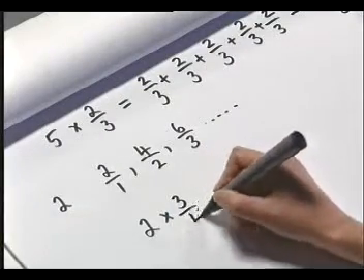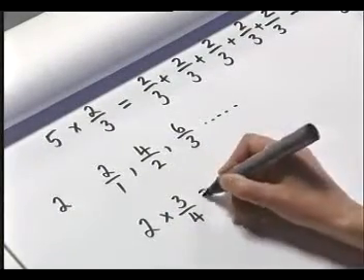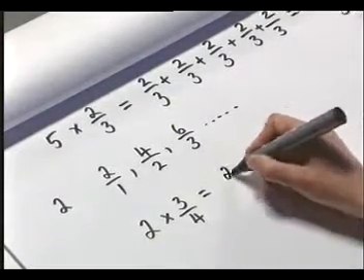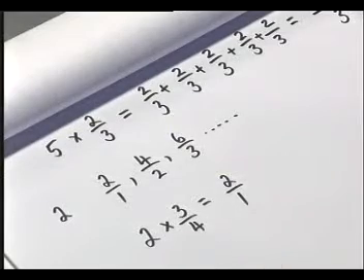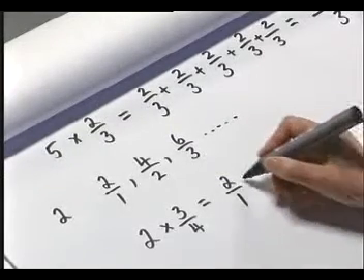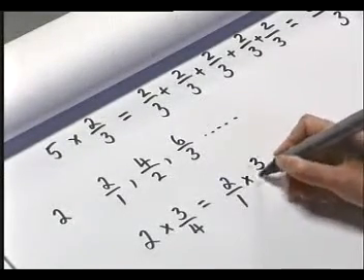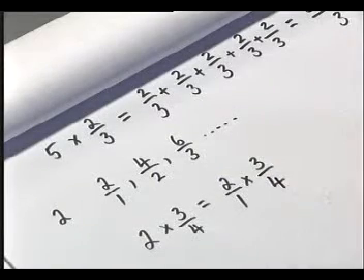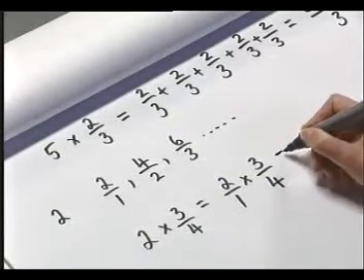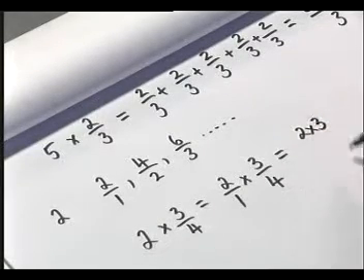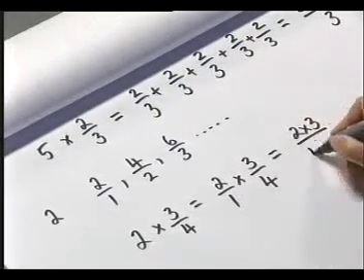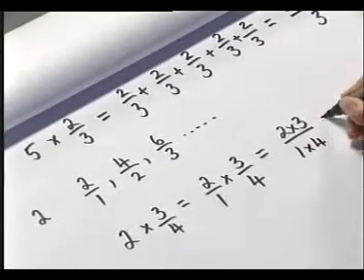So another example, 2 times 3/4, we can write as 2 over 1. So we've made our whole number into a fraction times 3/4. So what we have here is 2 times 3 and 1 times 4.